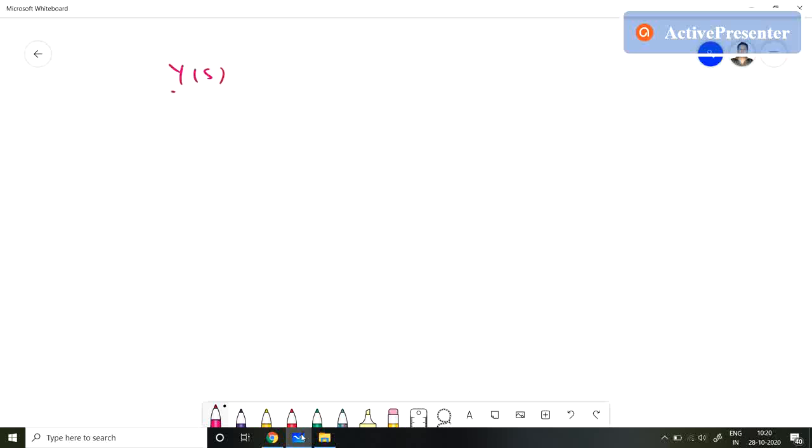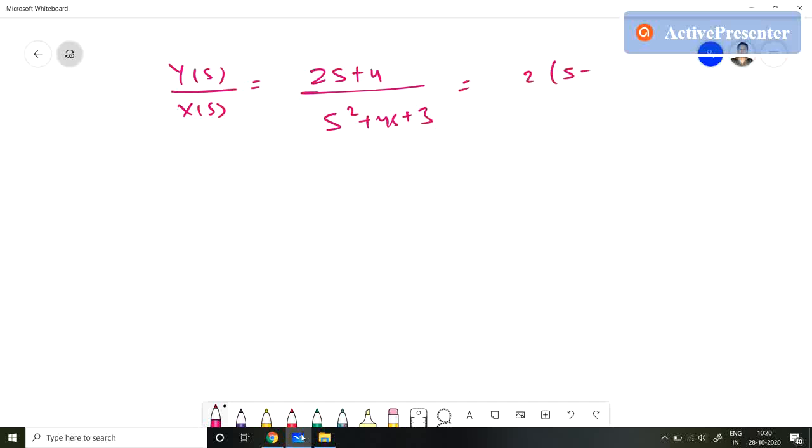Y(s) divided by X(s), and that is equal to 2s plus 4 divided by s square plus 4s plus 3, and that 2 we can take common, so it is 2 times s plus 2 divided by s square plus 4s plus 3.